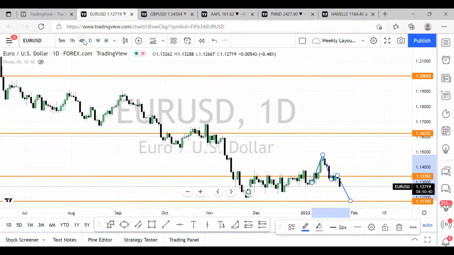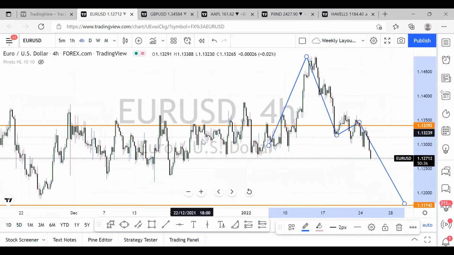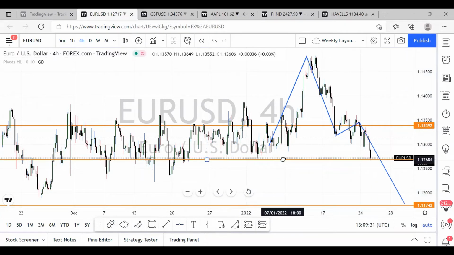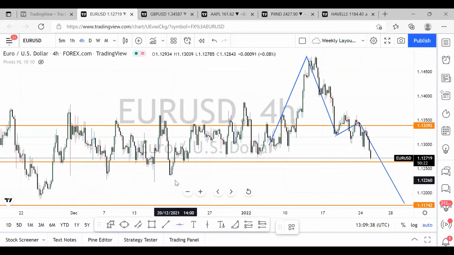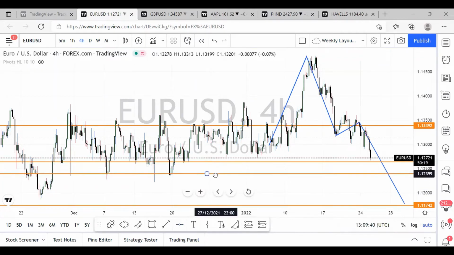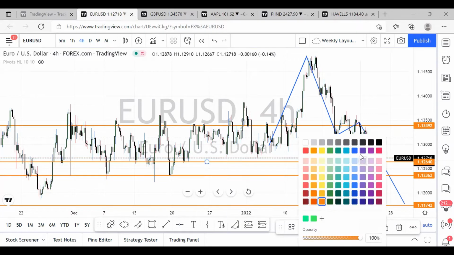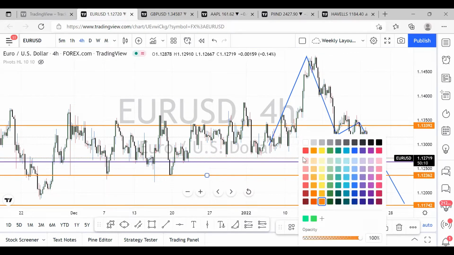If, for example, I want to go into 4 hours, we can see that it has gone past a particular zone. So here is a zone that I think has to be likely, and then you have another zone here. So let's mark them a different color so you can see a bit better.